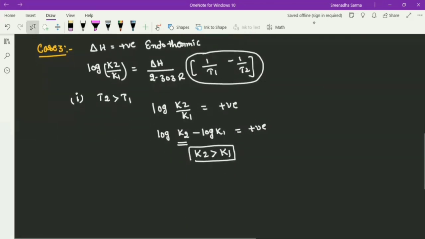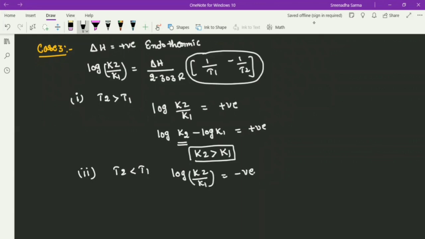And the second condition, if the temperature decreases, T2 is less than T1, then log K2 by K1 is a negative value. So this term is negative and delta H is positive, so the total term exhibits a negative value.